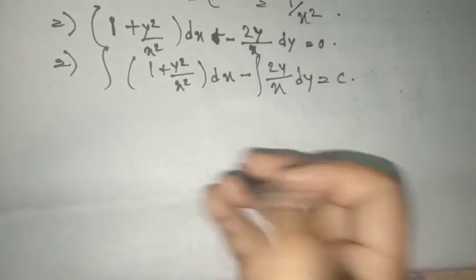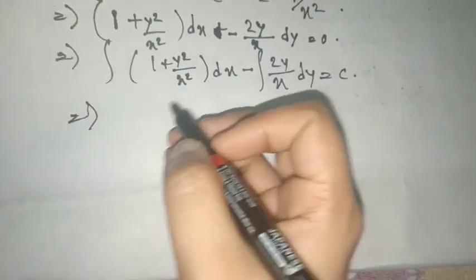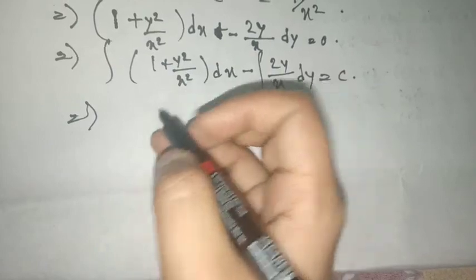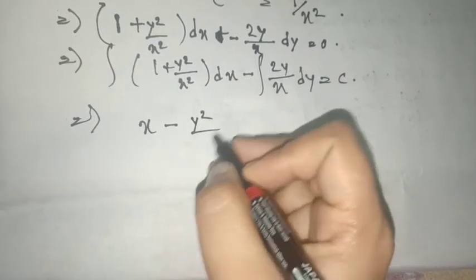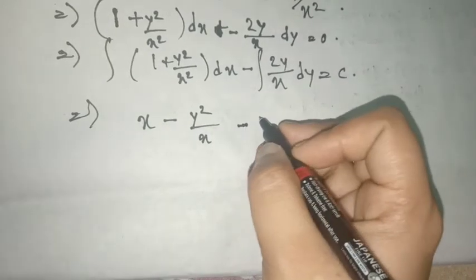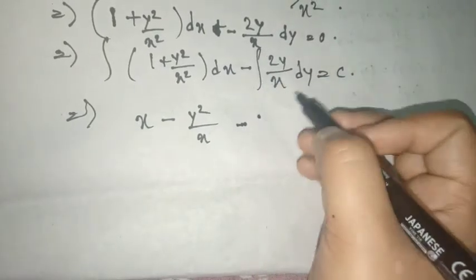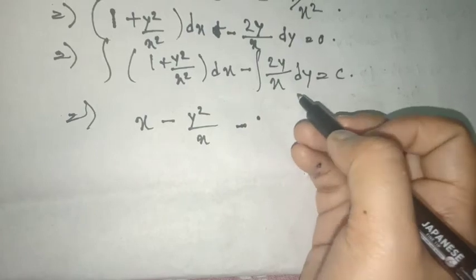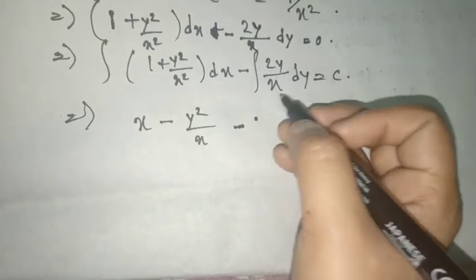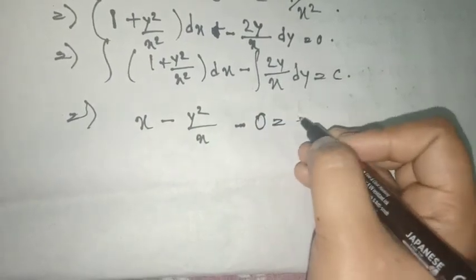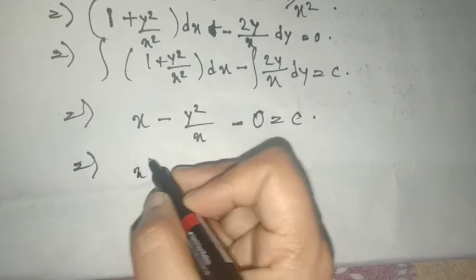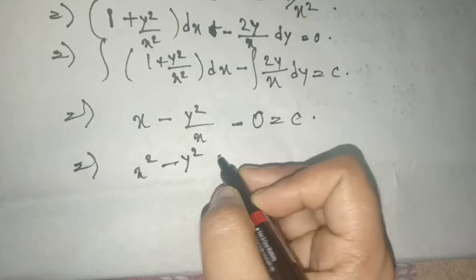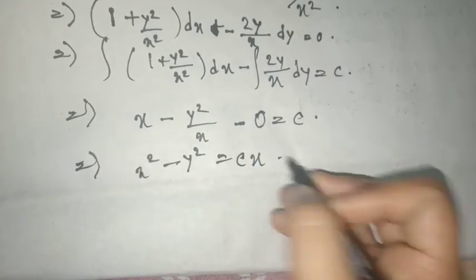Here we treat y as a constant, so this is x minus y square by x minus, and here we integrate only those terms which do not include x. So here x is included, so this will become 0, which is equal to c. So finally we got x square minus y square is equal to cx. So this is the answer.